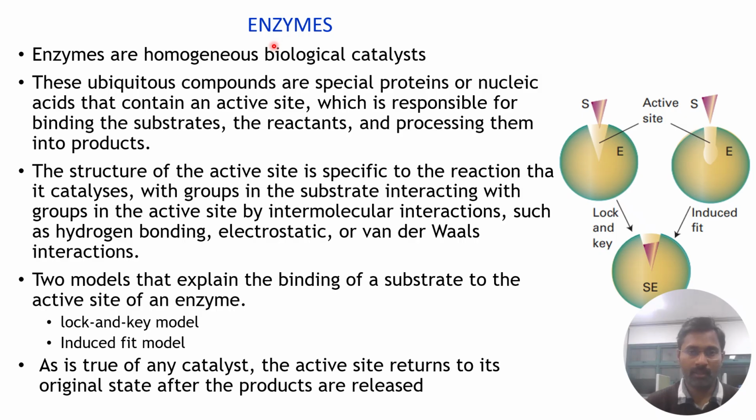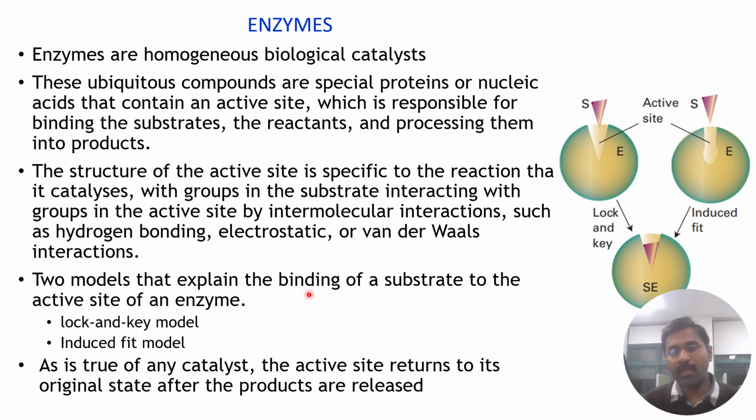You require specific enzyme and substrate interactions for the reaction to be carried out. These interactions are hydrogen bonding, electrostatic interactions, or van der Waals interactions, through which the substrate binds to the enzyme, and then the reaction proceeds to form products.